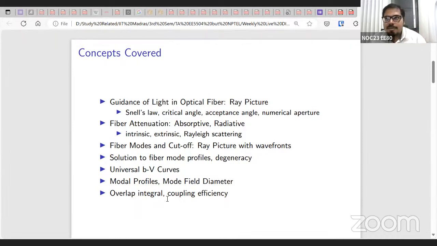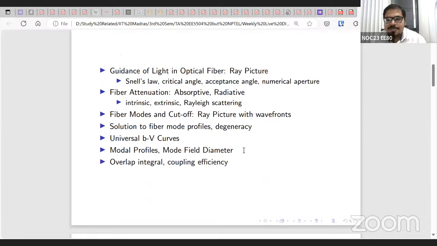For any incoming mode, you can deconstruct it into the supported guided modes. It's basically like a Fourier transform, but instead of breaking a wave down into sinusoids, you'll be breaking them into different mode contributions.